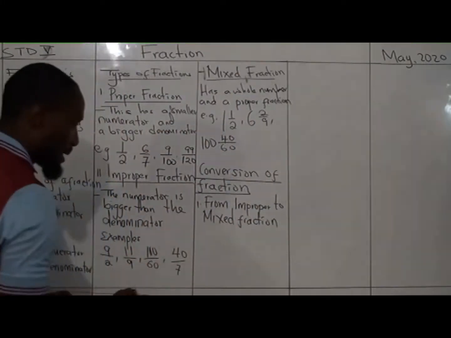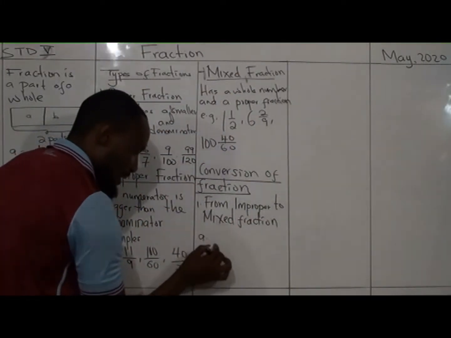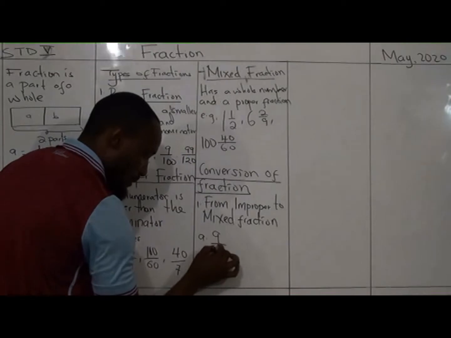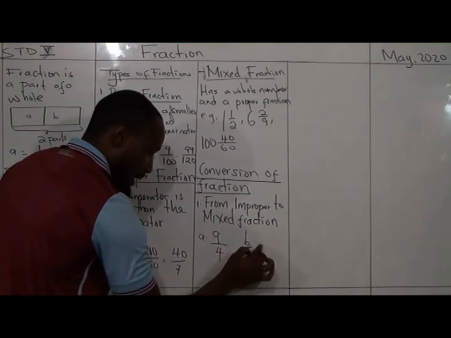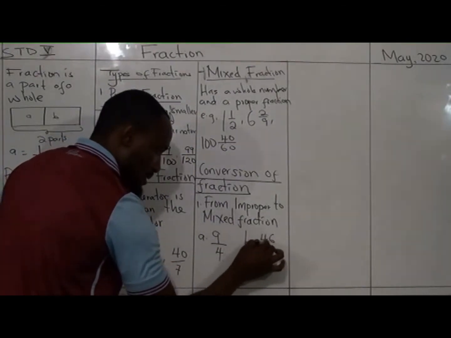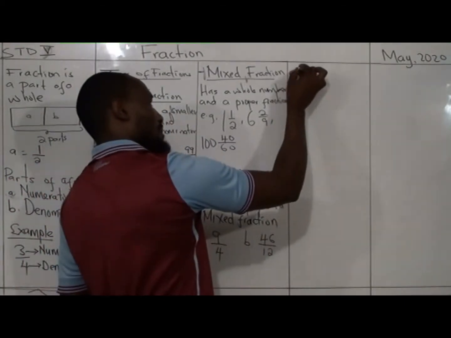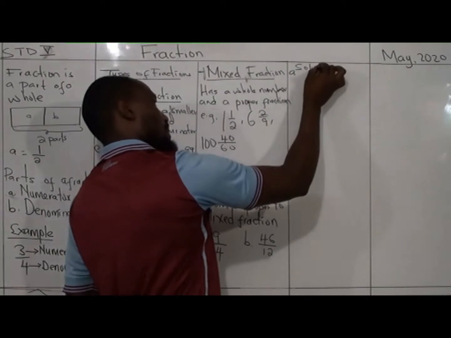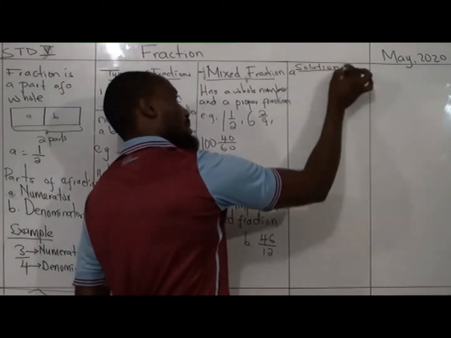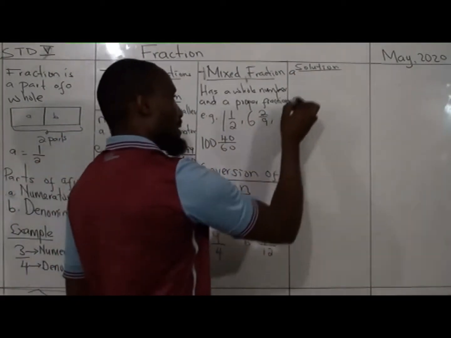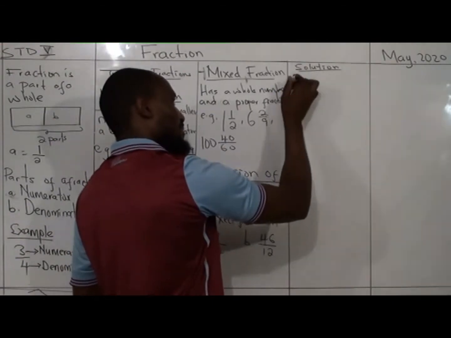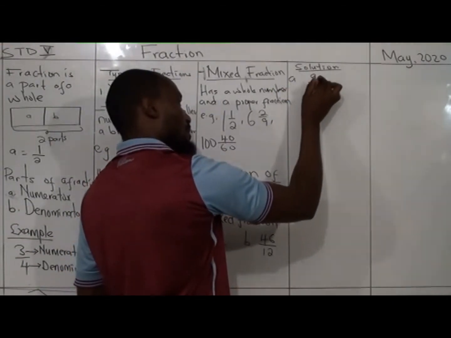Let's see. Maybe I have A, 9/4, B, 46/12. I will start by A, which I'll write solution. My solution will be, I'll take 9 over 4.